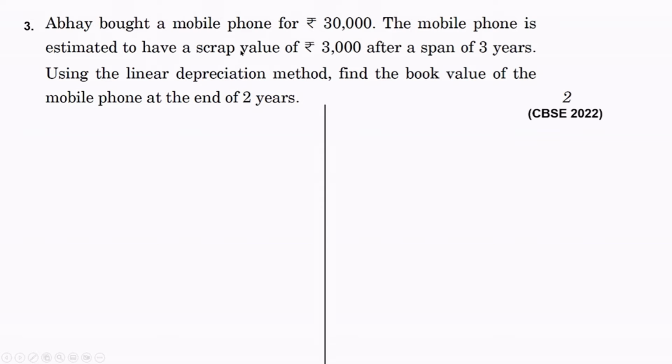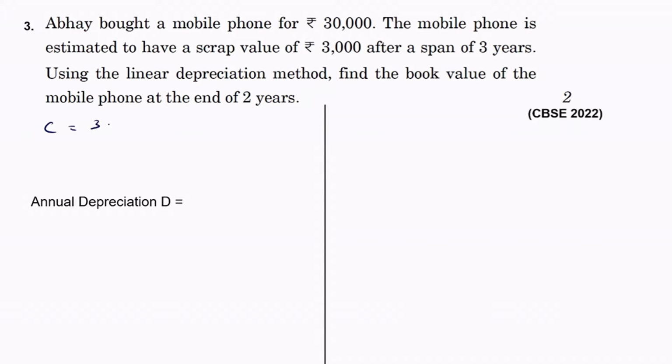Moving on, Abe bought a mobile phone for rupees 30,000. The mobile phone is estimated to have a scrap value of rupees 3,000 after a span of 3 years. Using linear depreciation method, find the book value of the mobile phone at the end of 2 years. So here they have given the cost of the mobile phone, the scrap value, and the useful life. For that, first let us find the annual depreciation.